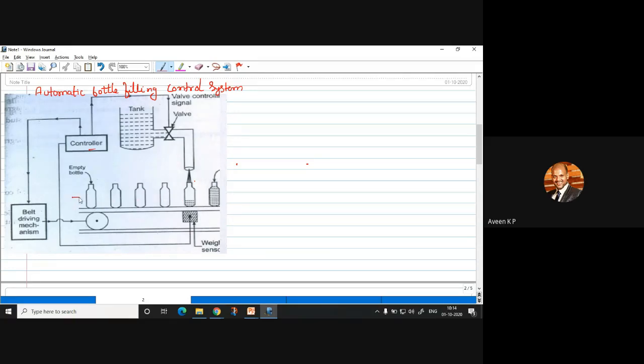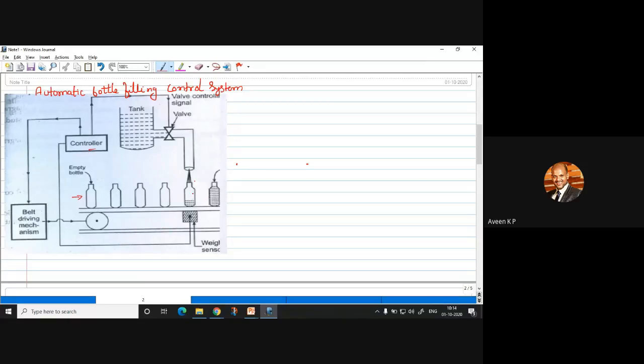From this end, the empty bottle will flow through, and once it reaches this position, it will have a measurement, that is the weight of the bottle filled with, it could be some water. So the total weight it will pass to the controller.